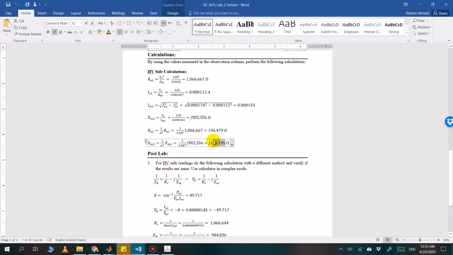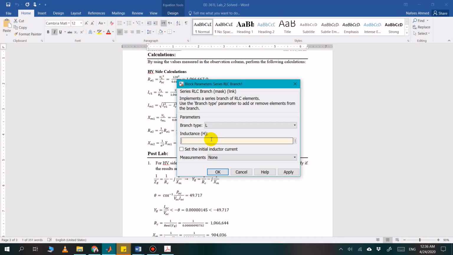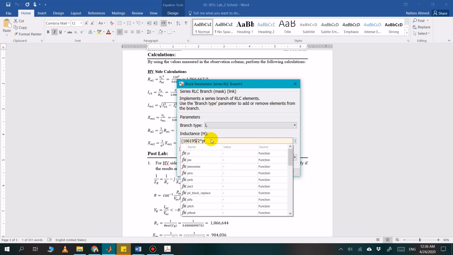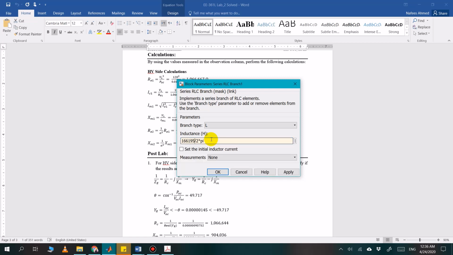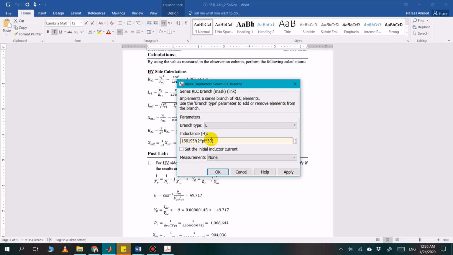You know the formula of reactance, X is equal to 2 pi f into L. So we have to divide the reactance by 2 pi f. 50 Hz is the frequency. So X divided by 2 pi f is equal to L. Okay.